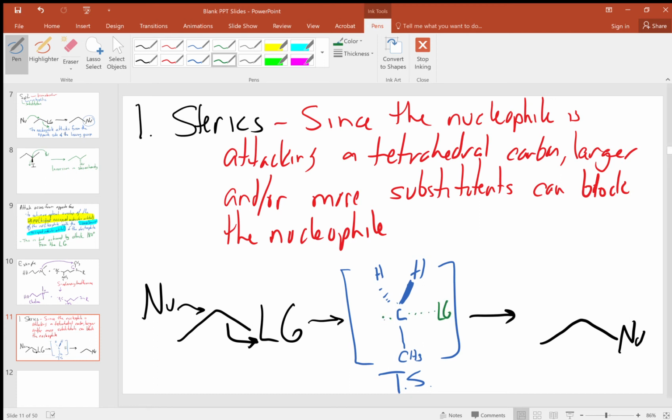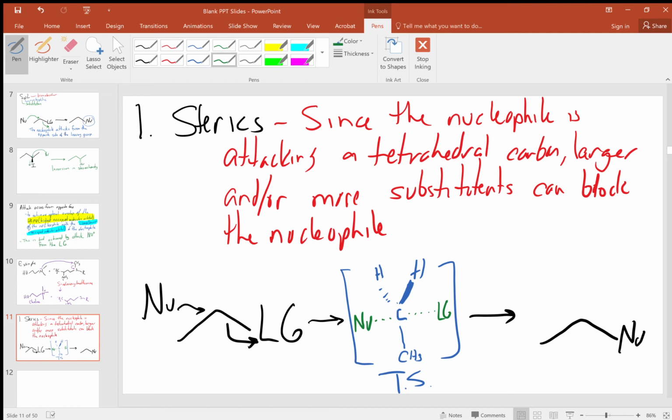And we have the leaving group and the nucleophile opposite to the leaving group. So now that I've drawn this, the first thing you might look at and say, haven't I violated our most fundamental rule of all in organic chemistry, 4 bonds to carbon? And the answer is no, we're still okay.